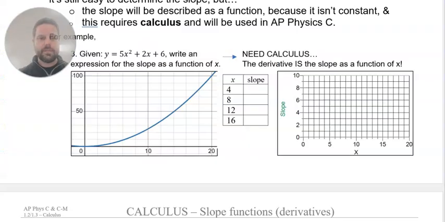Okay. Now if we try to draw that in on this, we were looking at where it was 4. I'll try and draw a tangent line here as best I can. When it was 8, when it was 12, and when it was 16.